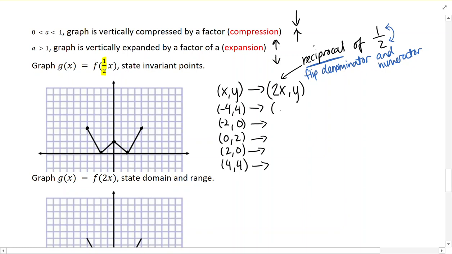And let's transform this thing. So -8, 4. -4, 0. 0, 2. 4, 0. 8, 4.